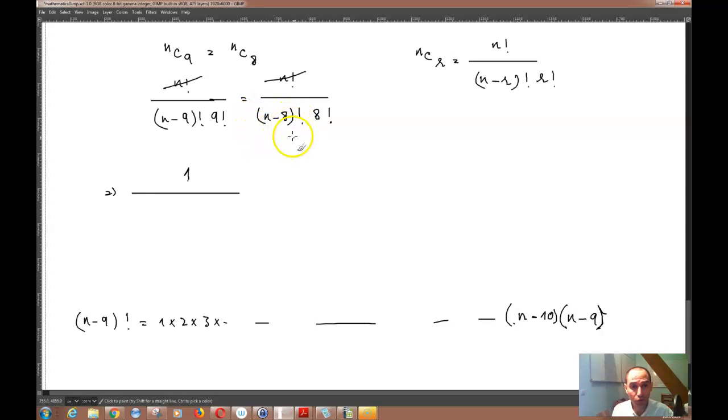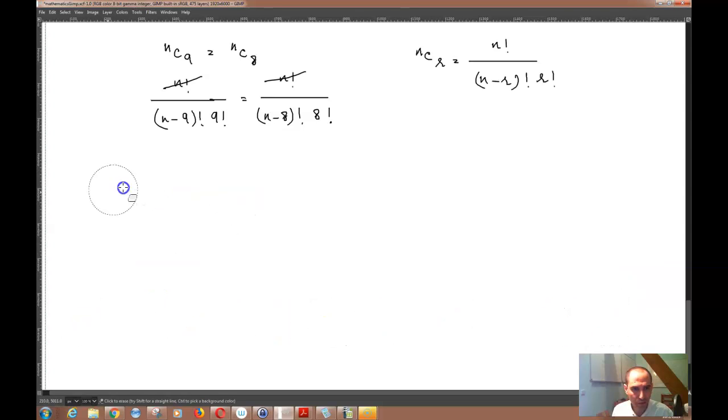So what I'm going to do is multiply both sides of this equation by n minus 8 factorial times 8 factorial. So I will get n minus 8 factorial times 8 factorial divided by n minus 9 factorial times 9 factorial is equal to 1, right?